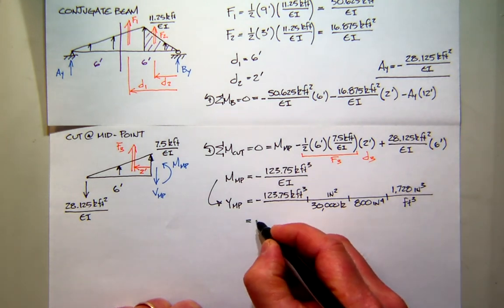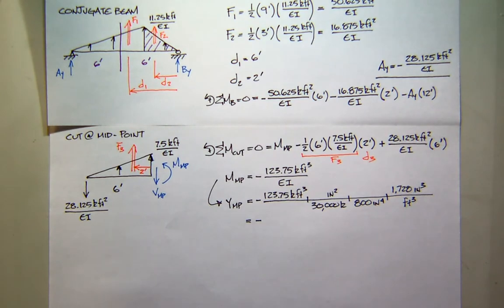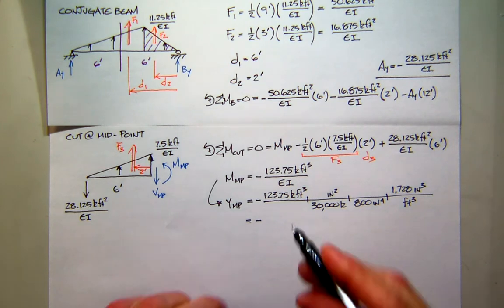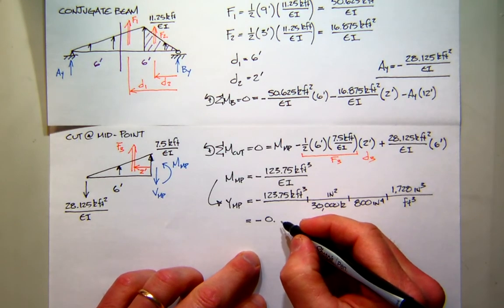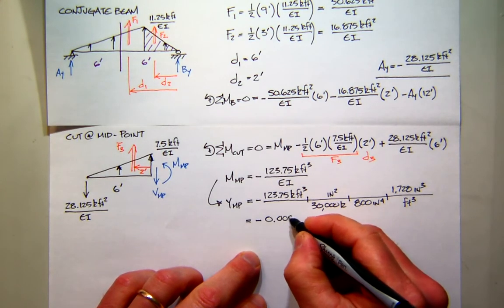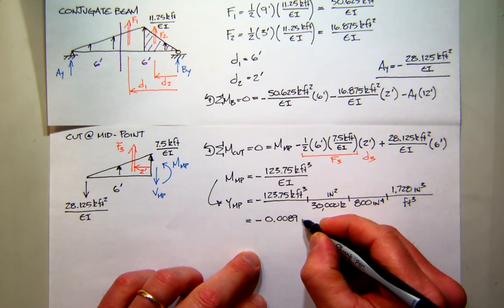So that gives us a value of, looks like it's going to be really, really small. Yeah, I feel like we've done something wrong. What's the number again? 8, 9. Okay, that's close enough.